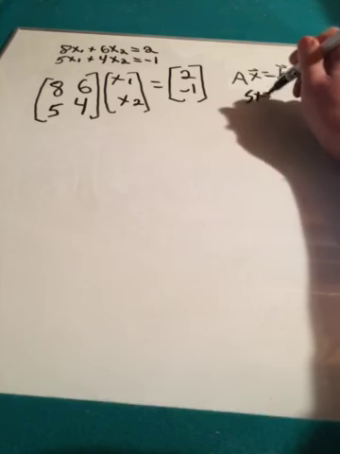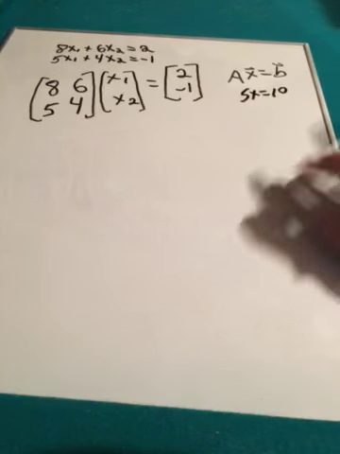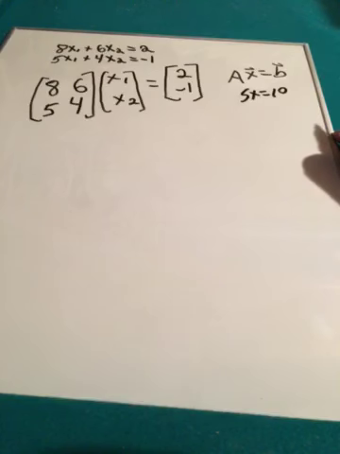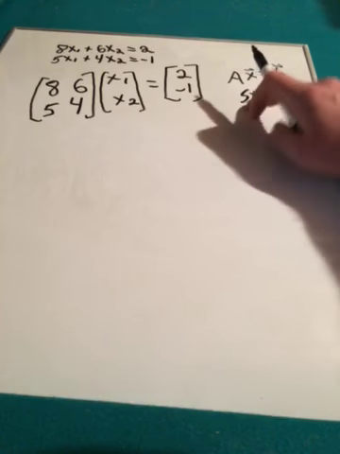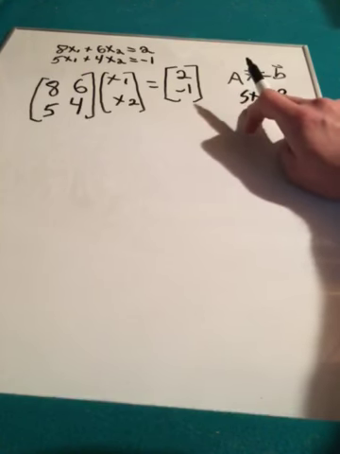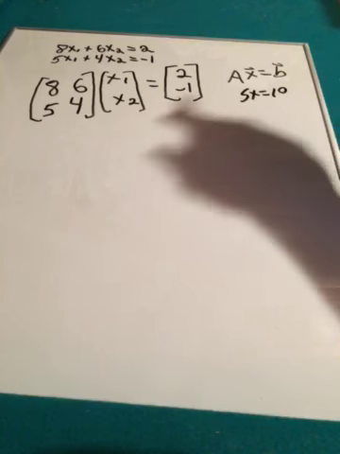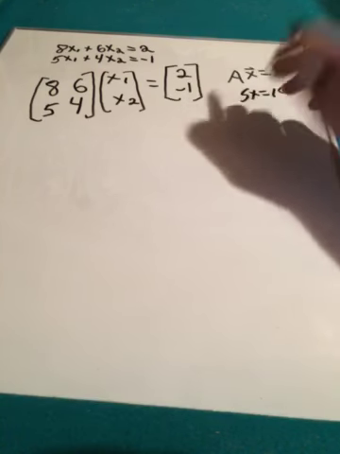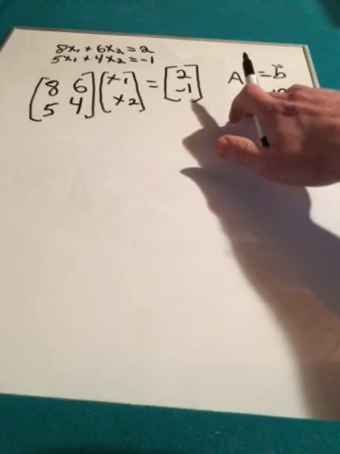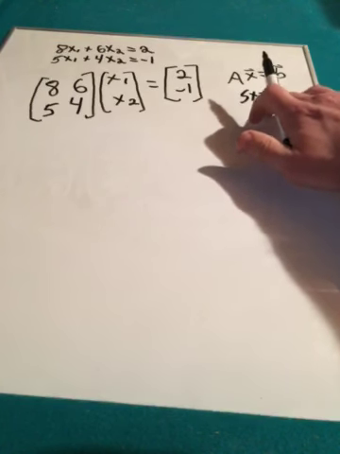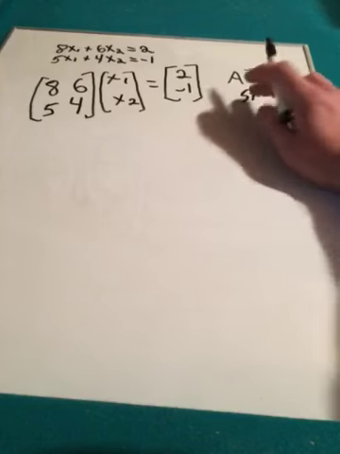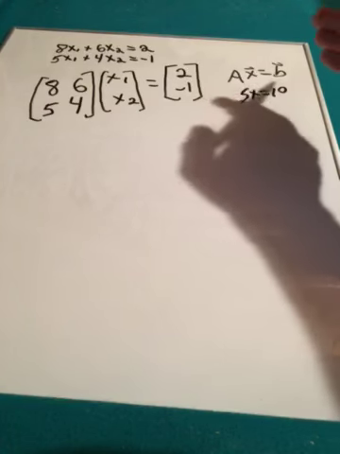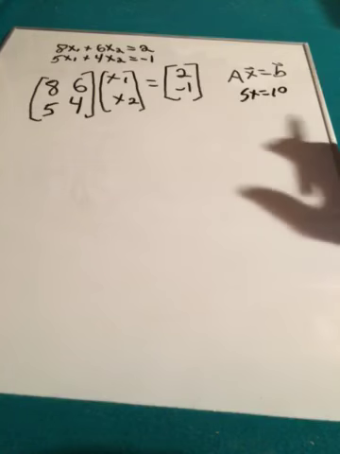Let's say we had 5x equals 10. Okay, how would we solve 5x equals 10? We divide by 5, right? But you could also multiply by the multiplicative inverse of 5, which is 1/5, right? Then what happens? 1/5 times 5 is going to be 1, and 1 times x is x, and then 1/5 times 10 is 2. So x equals 2. Well, in this case, A is now a matrix. So we can't divide by a matrix.